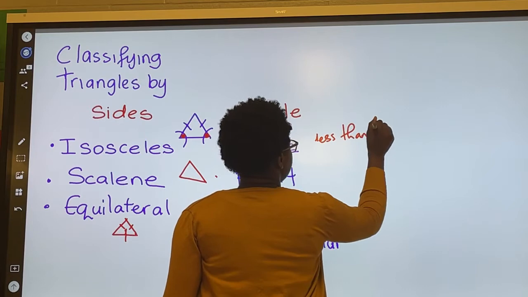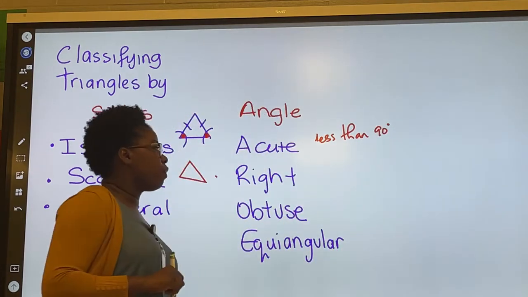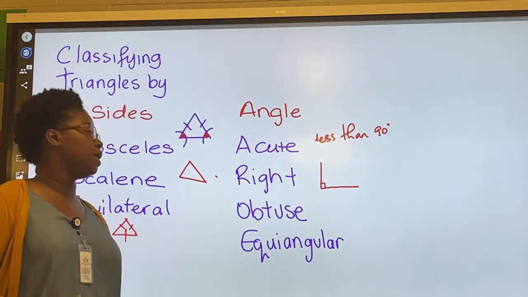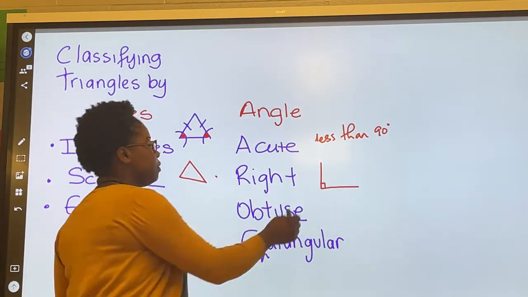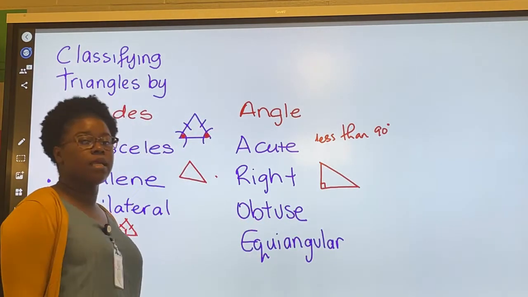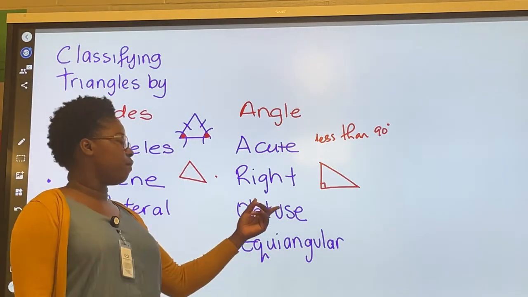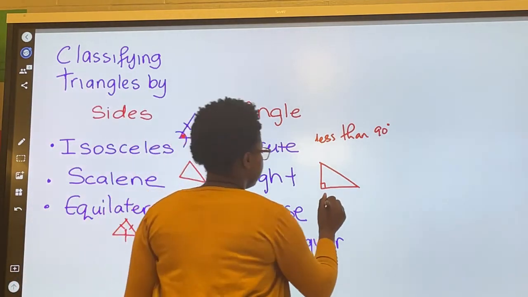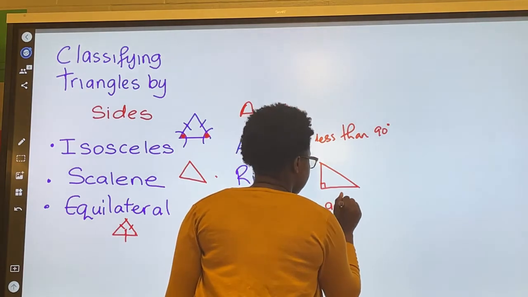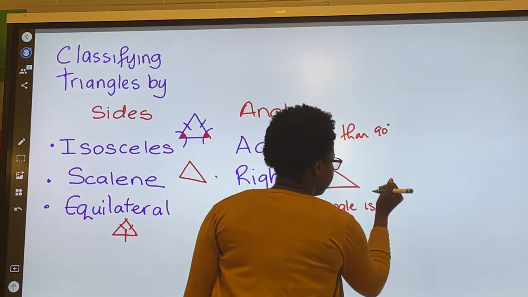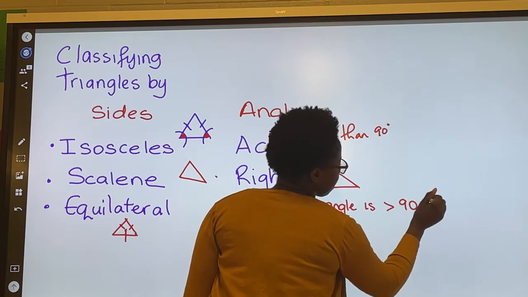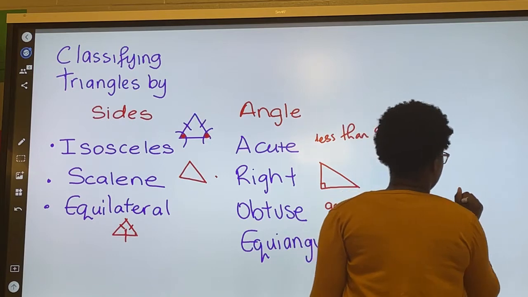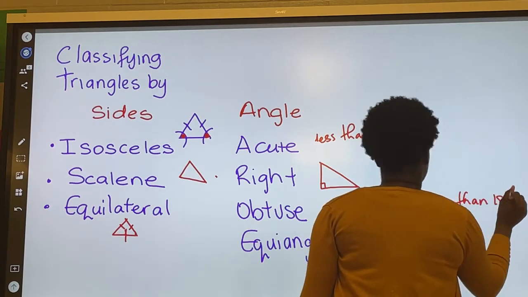So it's less than 90 degrees. For a right angle triangle, its largest angle is equal to 90, and sometimes you'll see the little elbow right here indicating that it is indeed a right angle triangle. For an obtuse angle triangle, the largest angle is greater than 90, but it is less than 180.